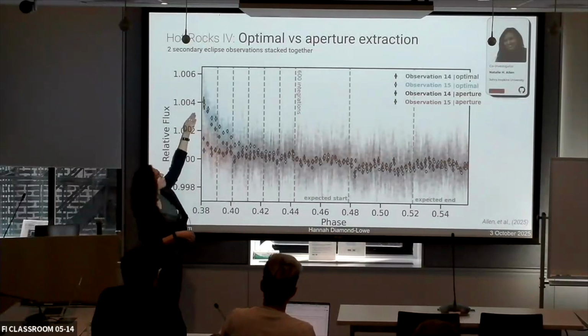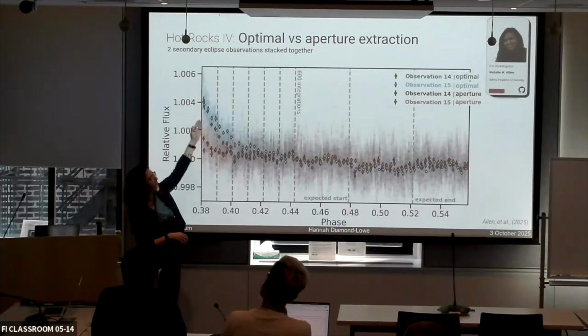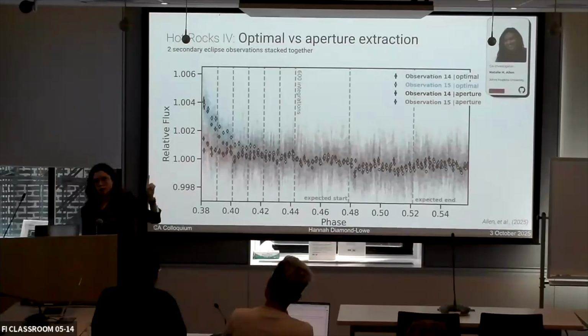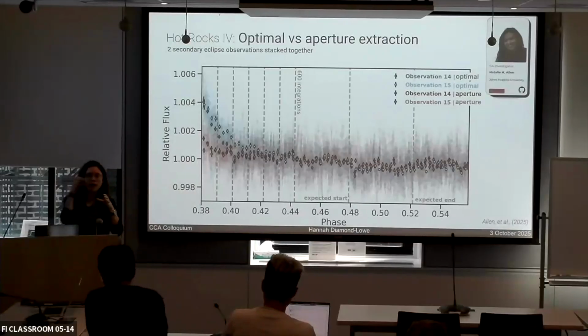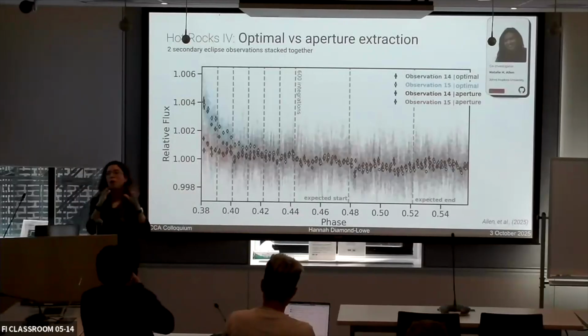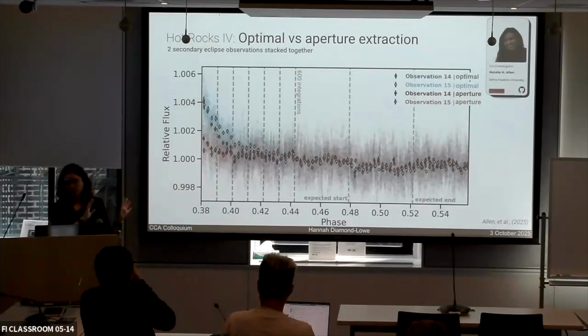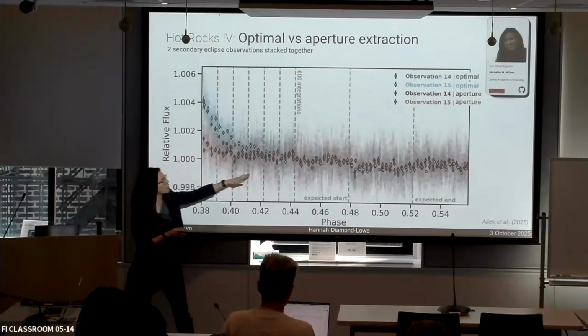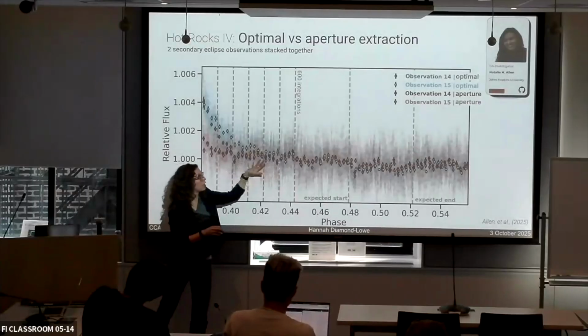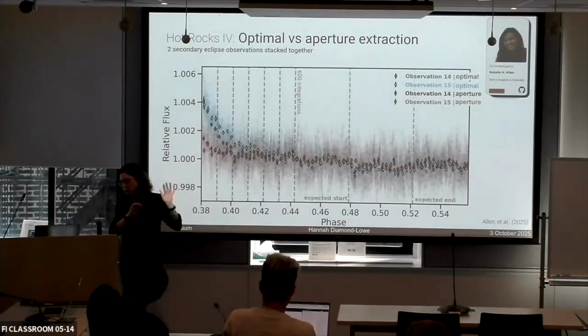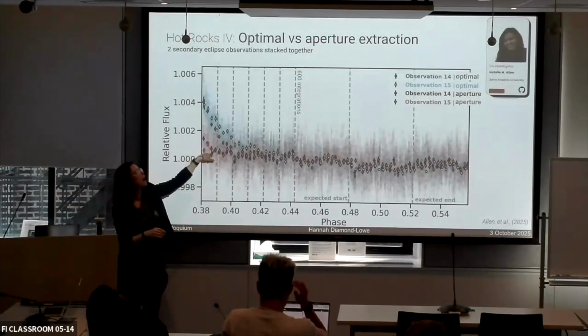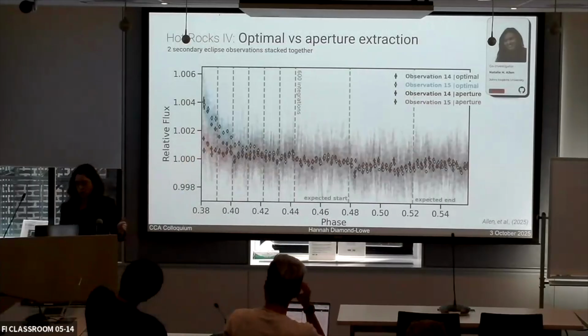This is why at the beginning, this ramp gets blown up in the optimal extraction case, because those are the pixels that have to settle more quickly. Why the settling happens is a bigger debate, but it does happen. We've seen a lot of data sets. Even though both observations agree once you get down to the settled level, we were surprised by this. We thought it would have been the other way around.